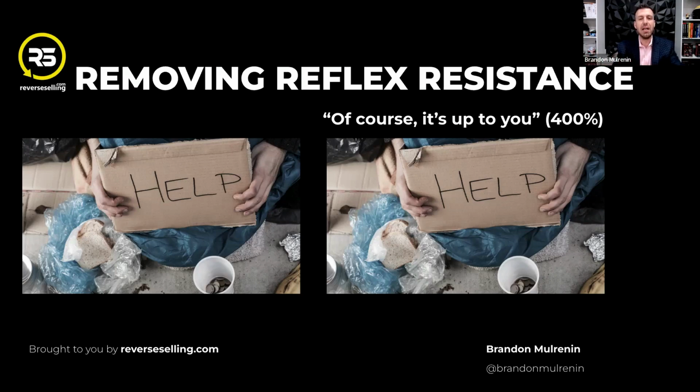Why? Because the person giving money had to make their own decision, that we weren't trying to force them to do anything, that it was up to them whether or not they wanted to donate or give money. And when we can do that, the likelihood of somebody's compliance goes up.